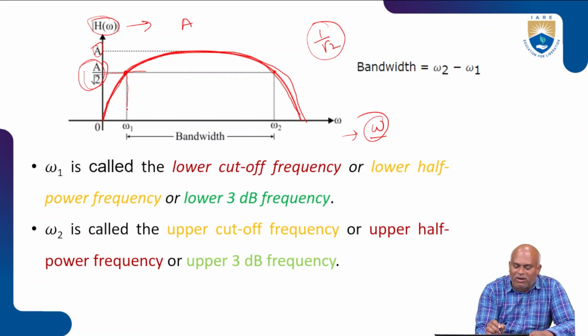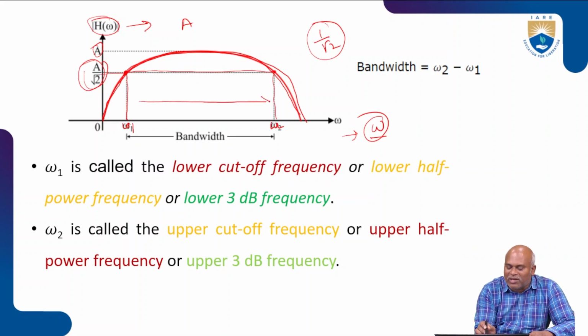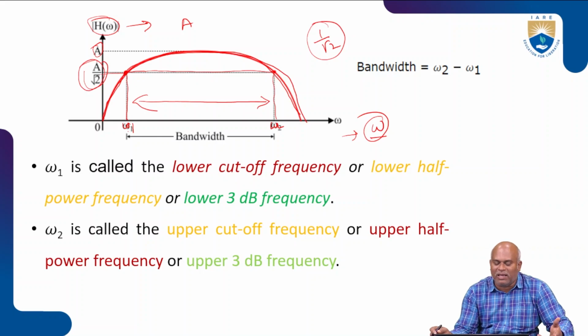That value in the frequency axis I call omega 1. Next, at the higher side, where the response is decreasing, the frequency is represented as omega 2. So the system conducts only from omega 1 to omega 2 frequency levels. This is represented as the bandwidth of the system.